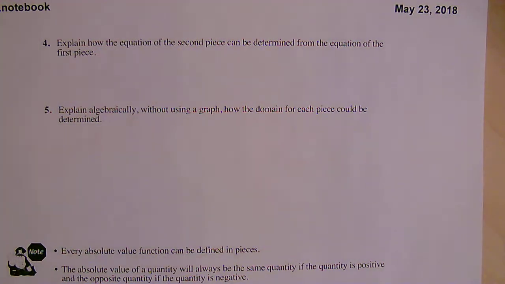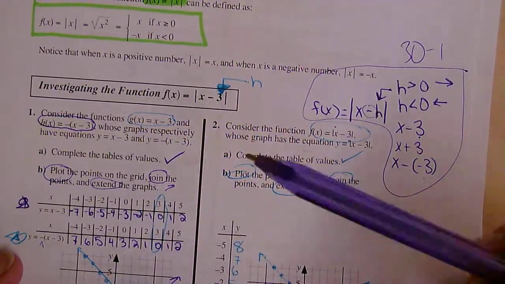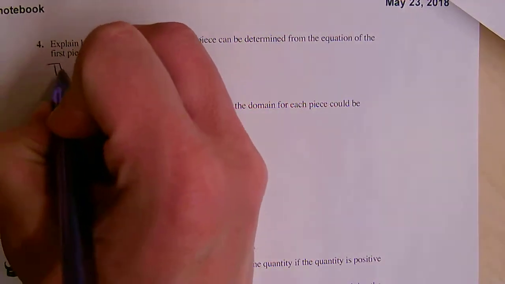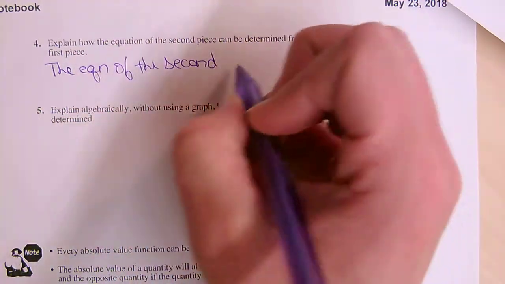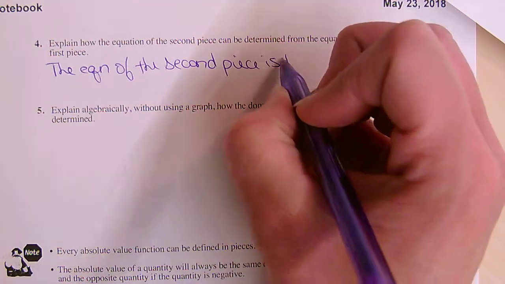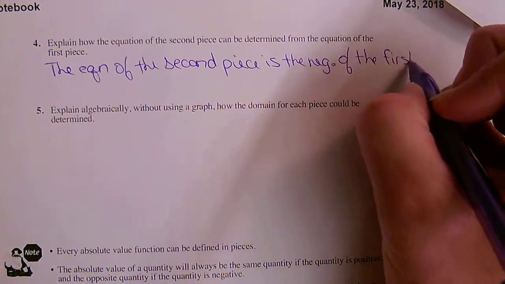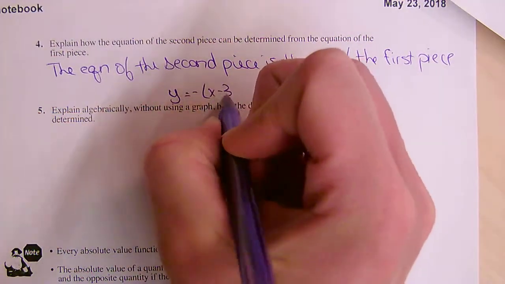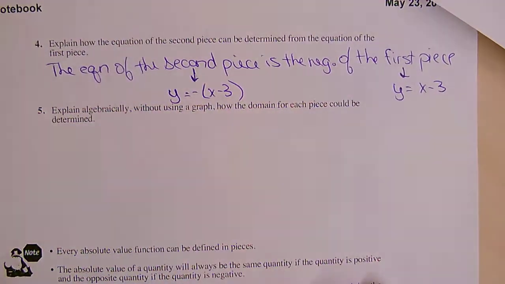So the equation of the second piece is just the negative of the equation of the first piece, because the second piece was y is equal to negative x minus 3, and the first piece was y is equal to x minus 3. Okay?